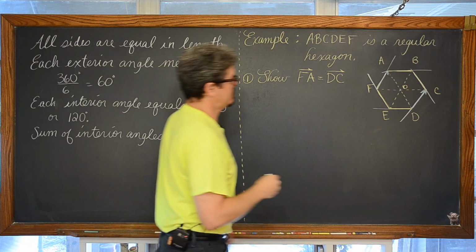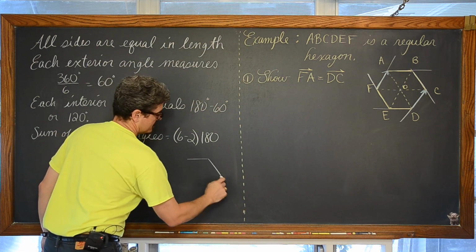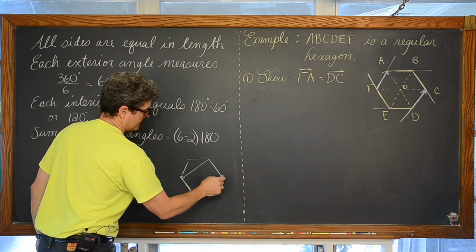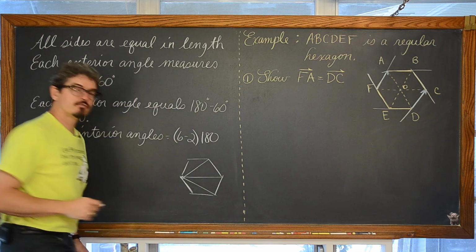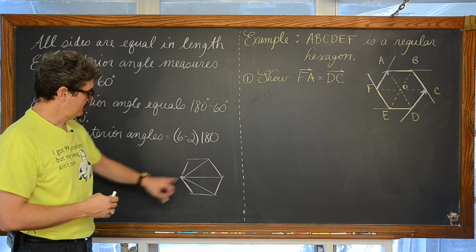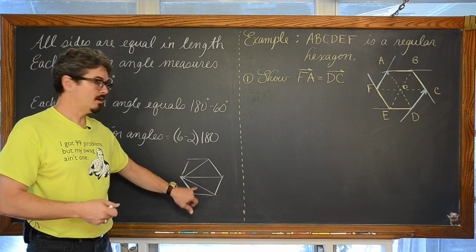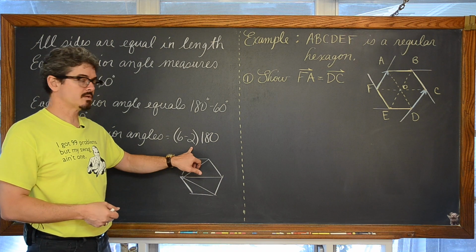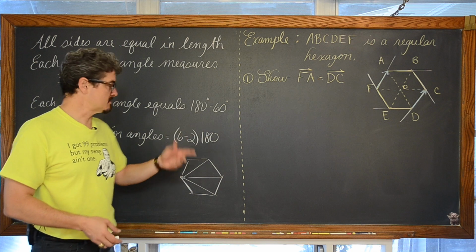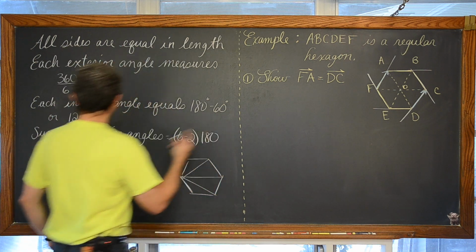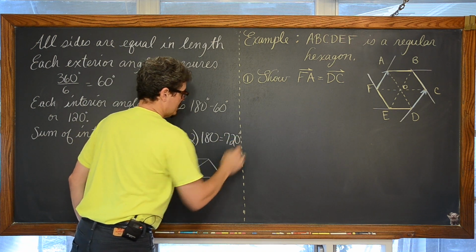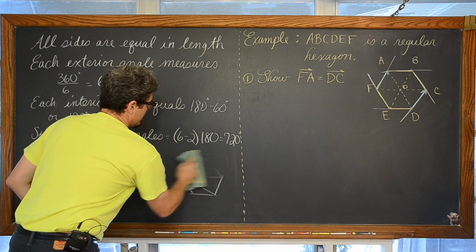That 6 minus 2 is coming from the fact that in any polygon, if you pick a vertex and draw diagonals from that vertex to all the other vertices where you don't already share a side, you're going to have 1, 2, 3, 4, or 2 fewer triangles than the number of sides a polygon has, and the interior sum of a triangle is 180 degrees. So 4 times 180, or 120 times 6, is equal to 720 degrees. Now, why am I bringing all this up?